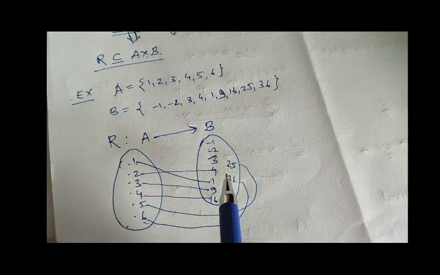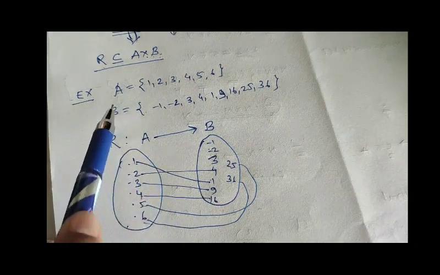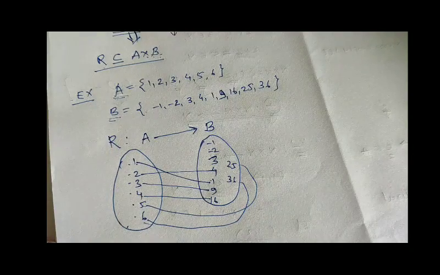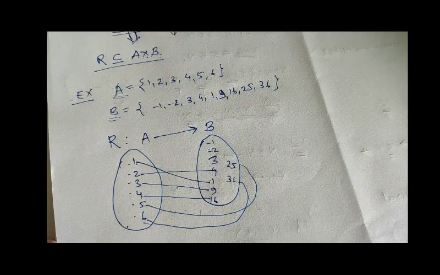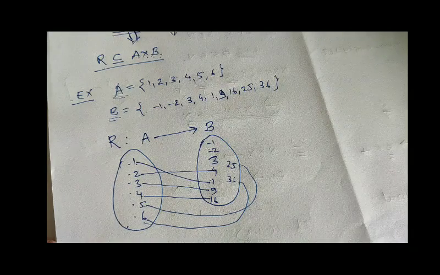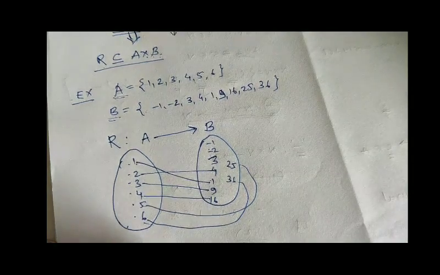So this is a relation. Between the elements of A and elements of B there is a certain relation: the square of the element of A is in B. And so I write here relation R.